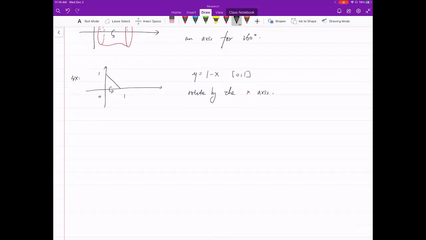Can you imagine what the shape is? Can you see it's going to be a cone?